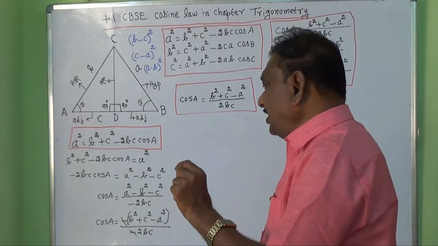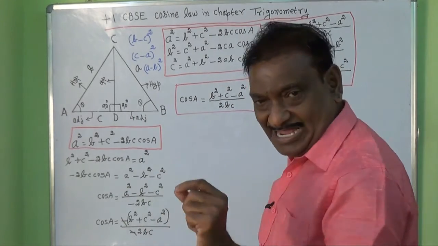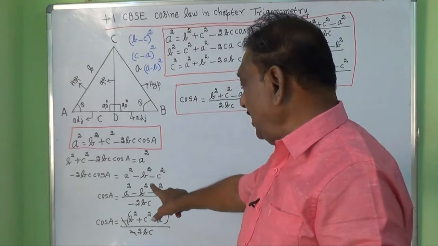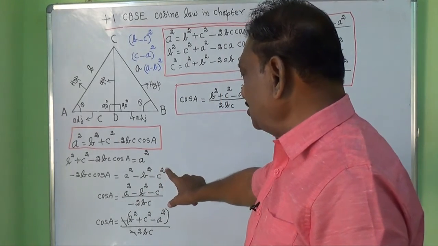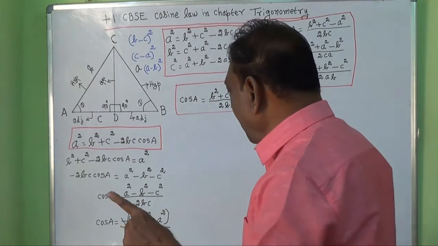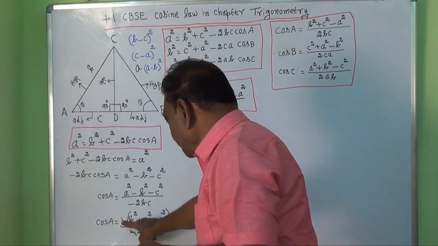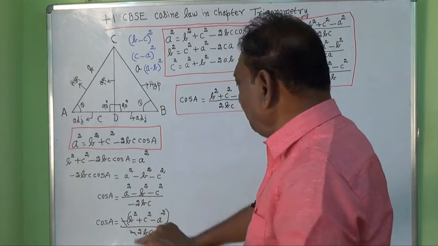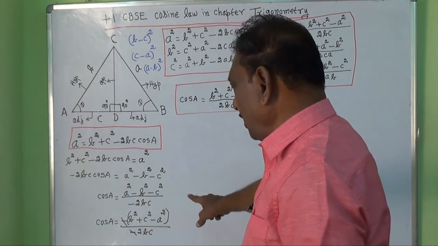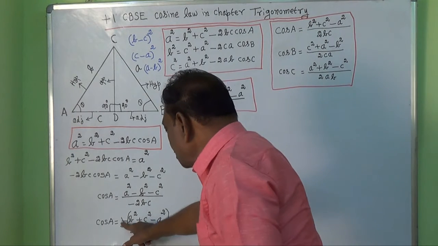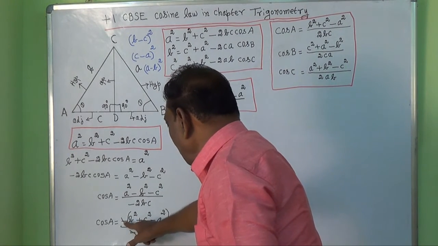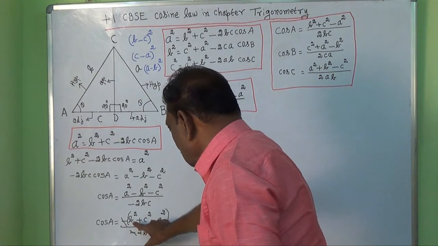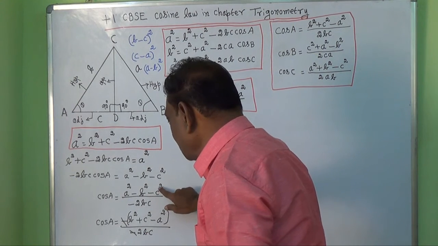Thereby we will get the equation cos A as a square minus b square minus c square by minus 2bc. If we take the minus sign outside, we will get minus of b square plus c square minus a square. Why? The minus into plus is minus, so that we are getting the same minus b square, minus into plus is minus, so that we are getting the same minus c square.